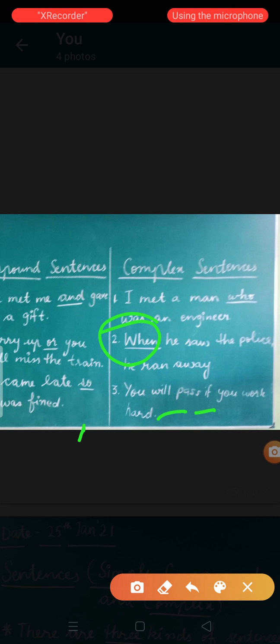In the second, when he saw the police, he ran away. When he saw the police, here we are talking about time. So it is an adverb clause.